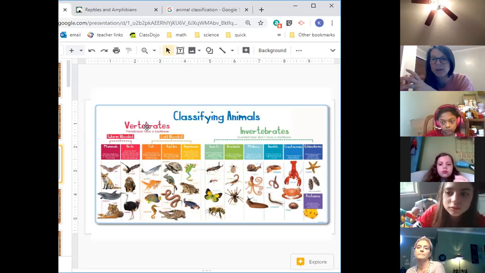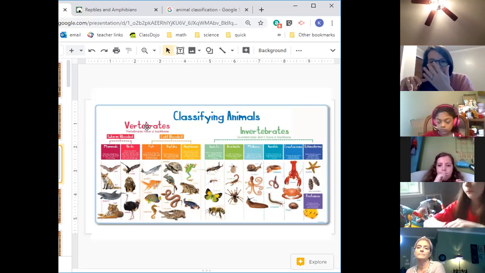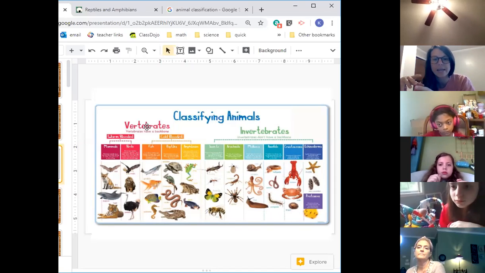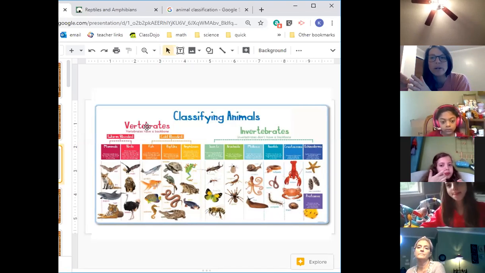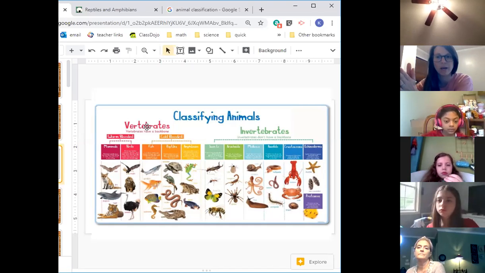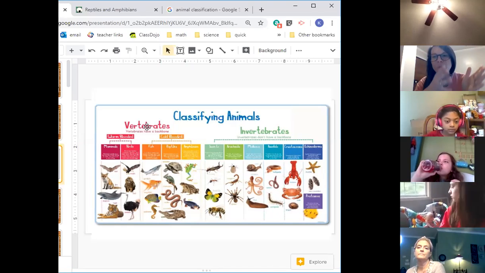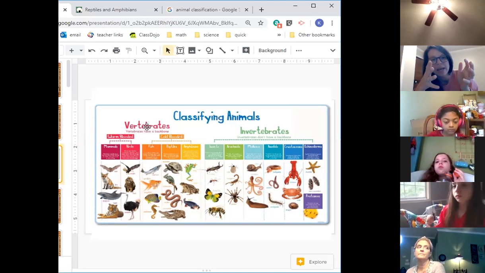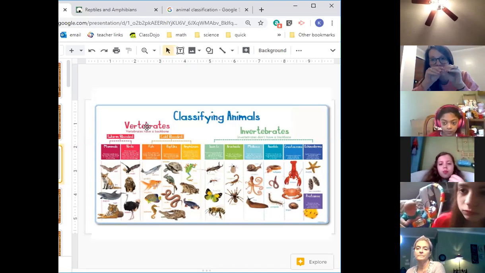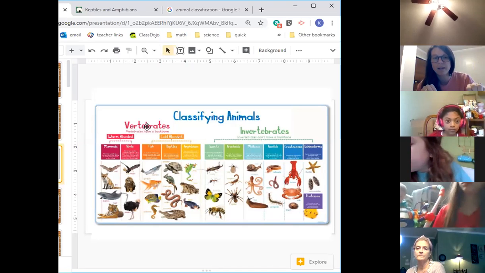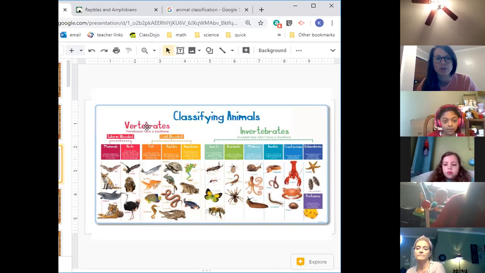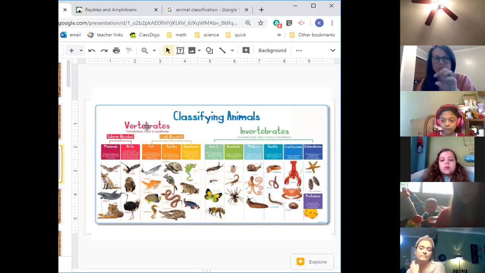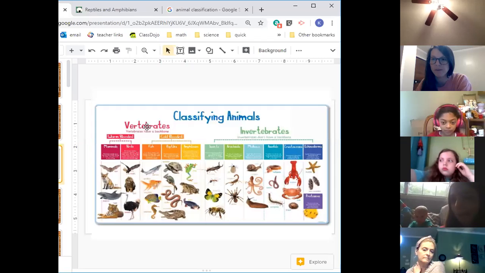There are a lot of different categories, and for those of you who like this part of science, there are slideshows on the different categories of invertebrates, but we don't need to go too far into them. You just need to know that that's a part of animal classification. We will go more in depth into vertebrates. They are classified even further into warm-blooded and cold-blooded, and then into the different categories: mammals, birds, fish, reptiles, amphibians.